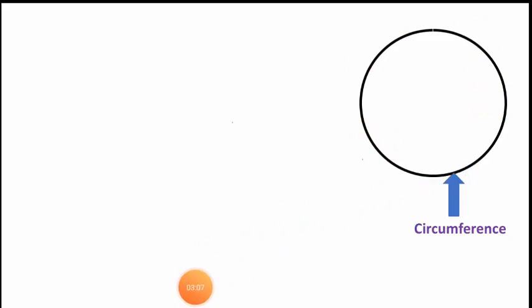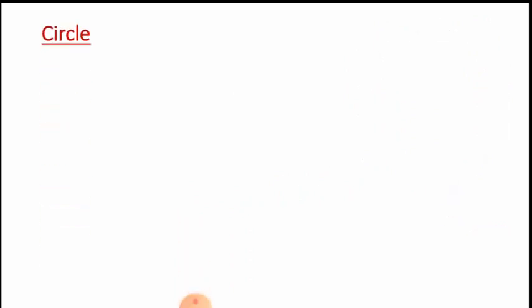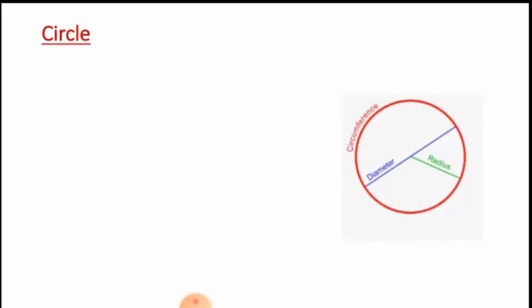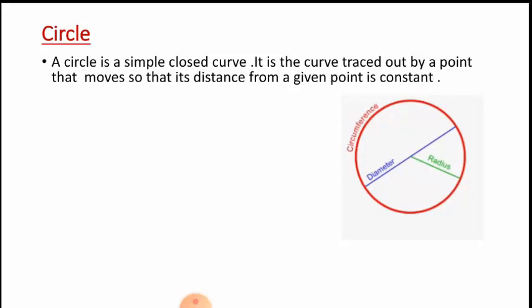Now after this term circumference, let's have a quick recapitulation regarding the parts of a circle. One by one we will discuss all the parts we have just learned. First of all, a circle is a closed figure traced out by a point that moves so that its distance from a given point is constant.